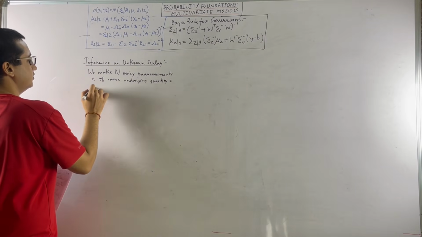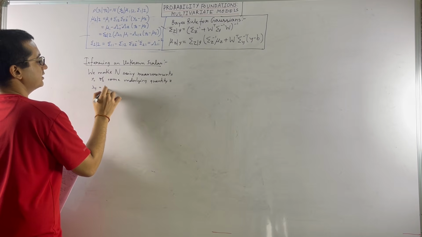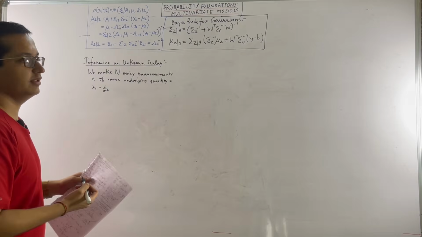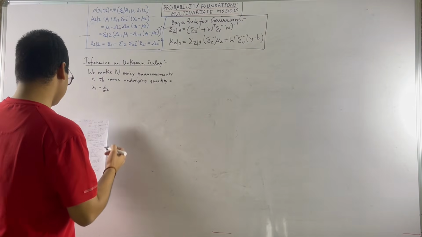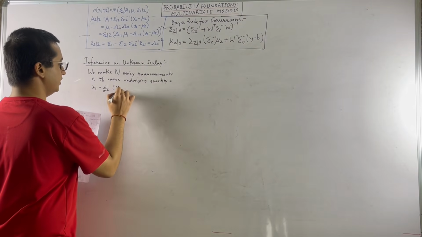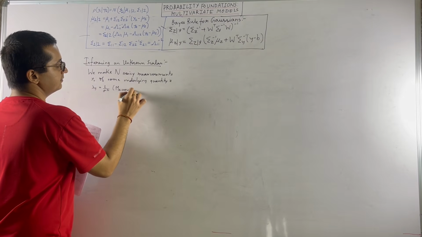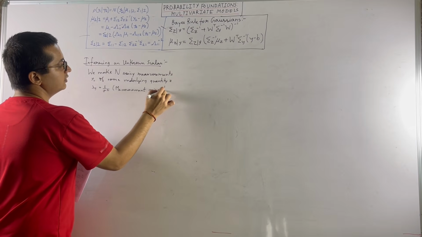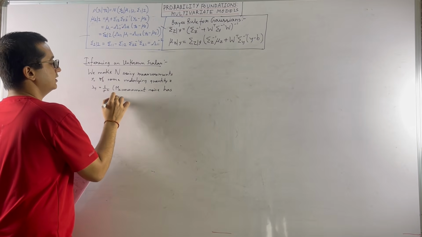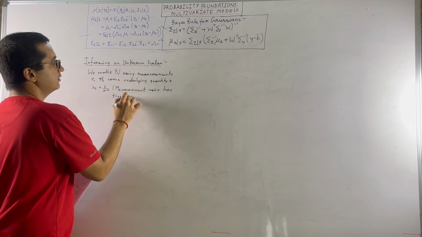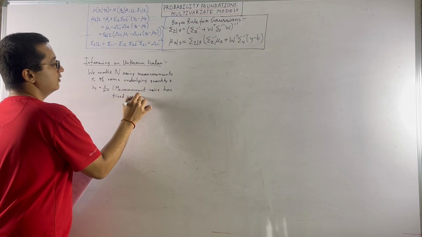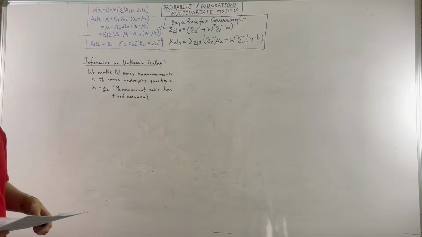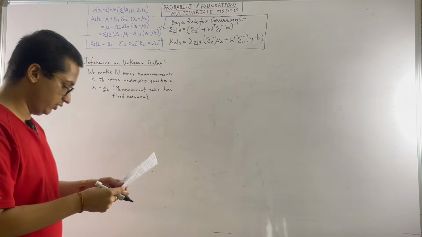So let us assume that the observation has some noise, so it has some variance, right. So the measurement noise has a fixed variance. So we want to infer the unknown underlying quantity z, all right.